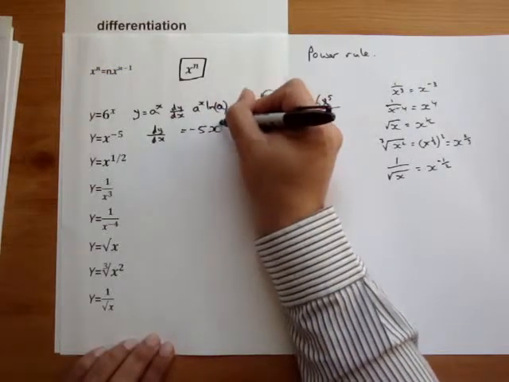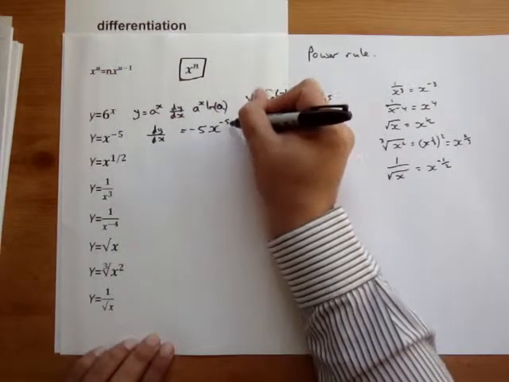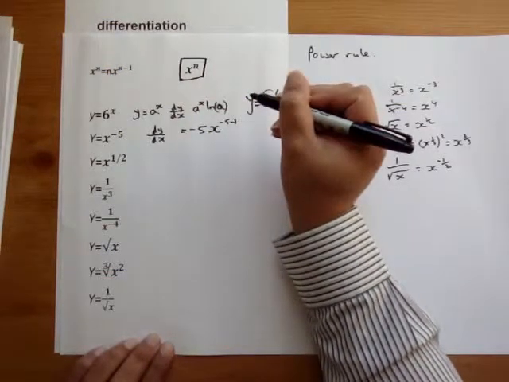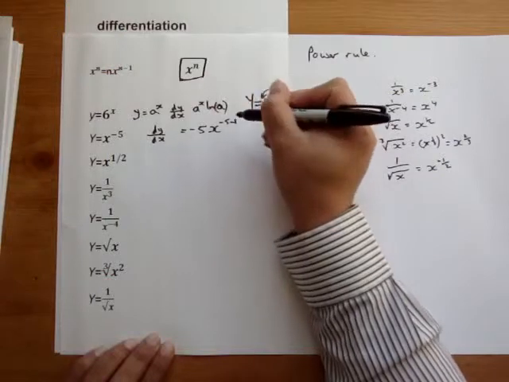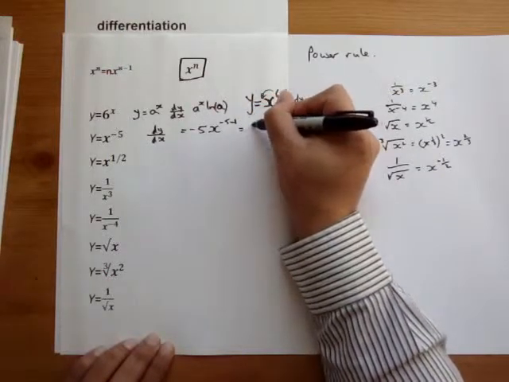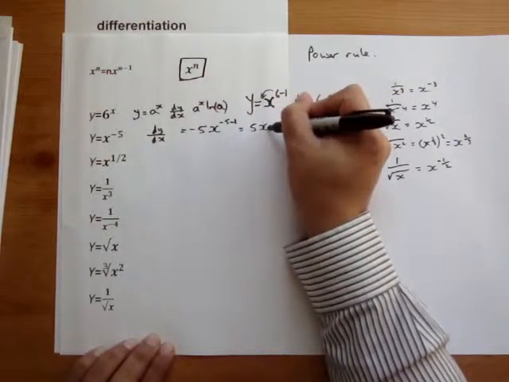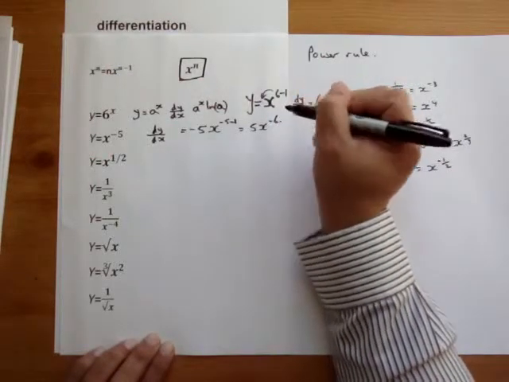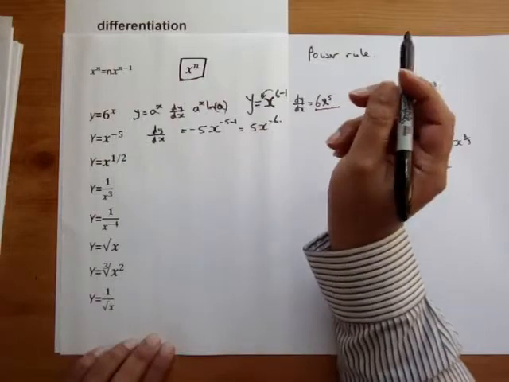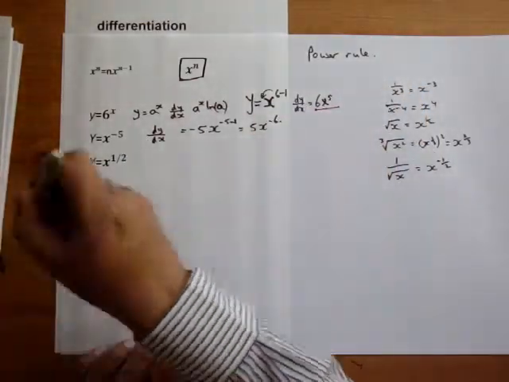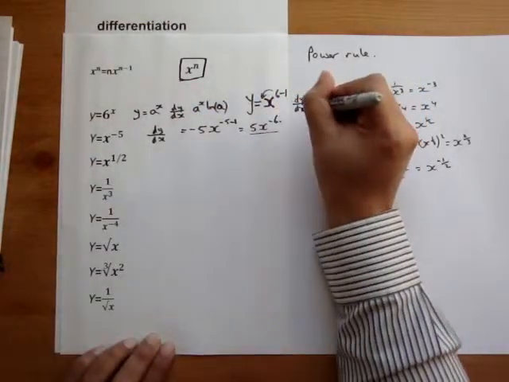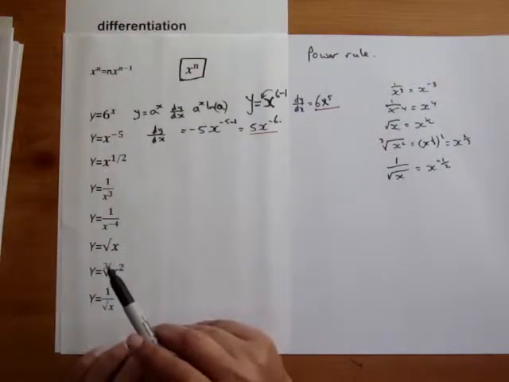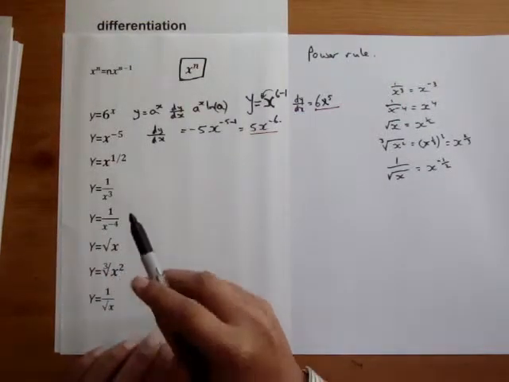X to the minus 5 minus 1, and minus 5 minus 1 is minus 6, so that equals minus 5x to the minus 6. Okay, and that's the answer. The derivative of x to the minus 5 is minus 5x to the minus 6.